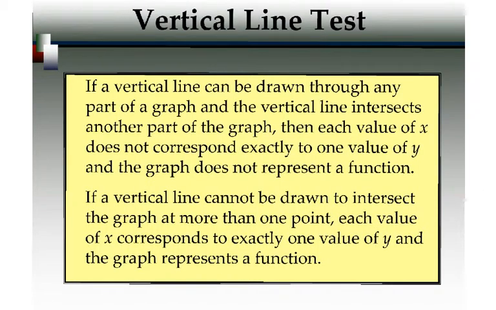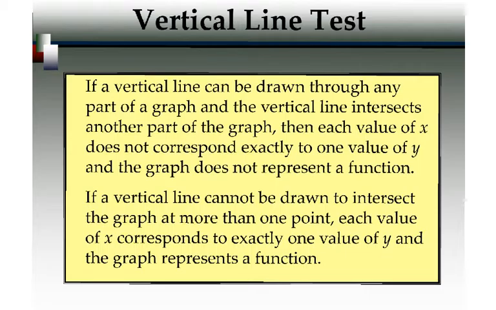Okay. Here is something else that is going to help us in determining whether a relation or a graph of an equation is a function or not a function. It's called the vertical line test, and how the vertical line test goes is you can draw a vertical line through any part of a graph.